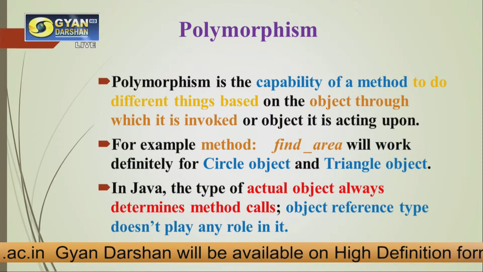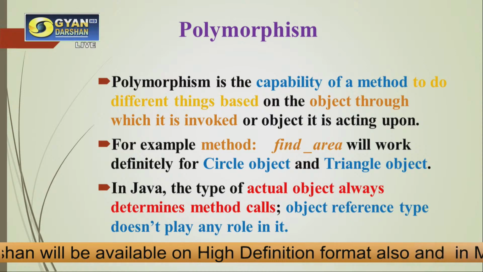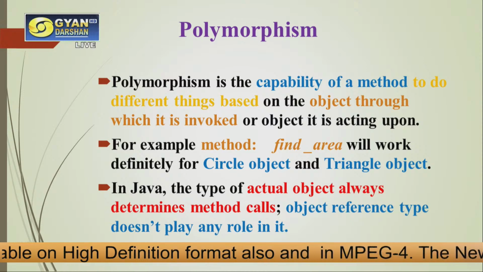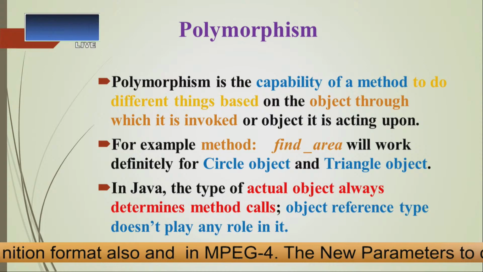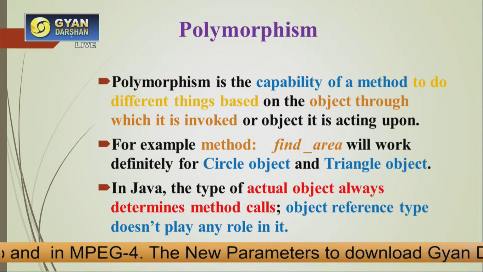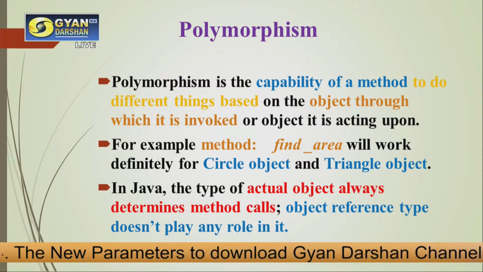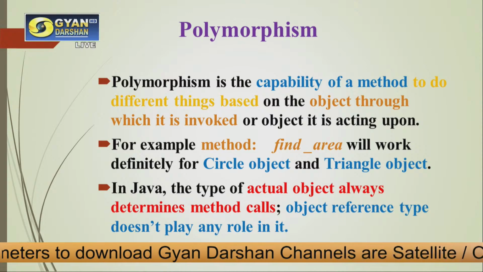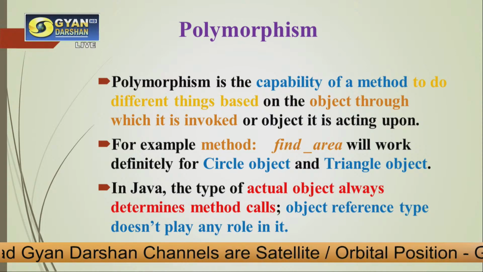It means we have different implementations of an interface or a method having the same name, but those different implementations work differently on the basis of the actual object on which they are called, or the implementation done for that particular kind of object, which we will try to see.